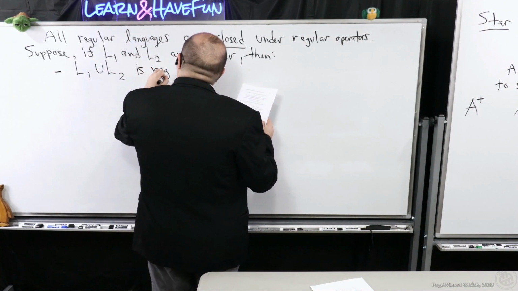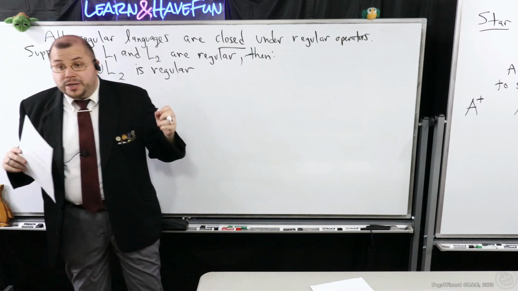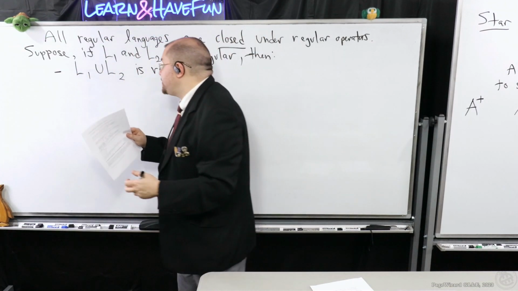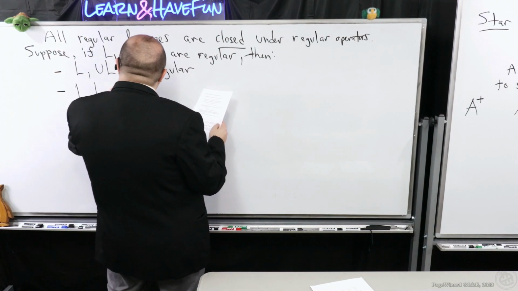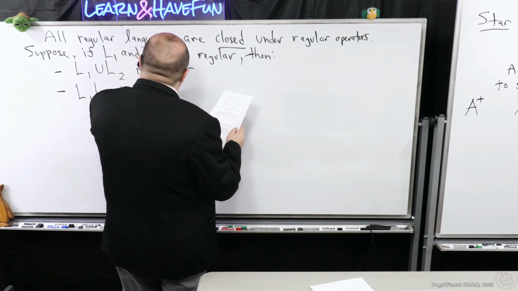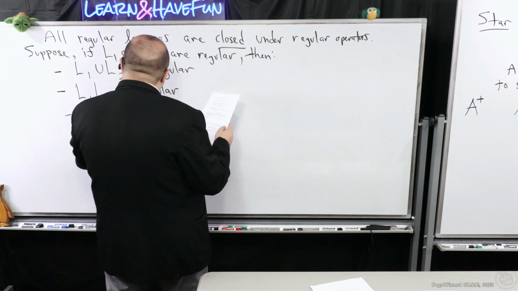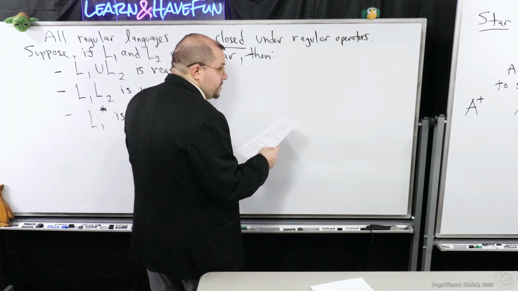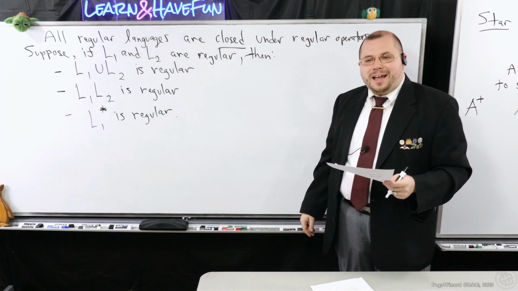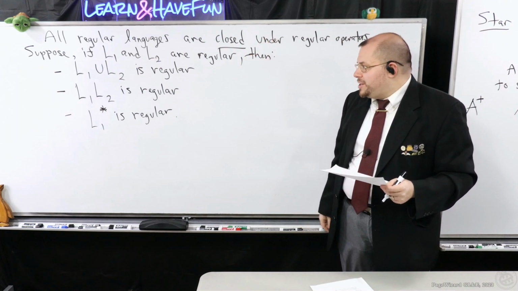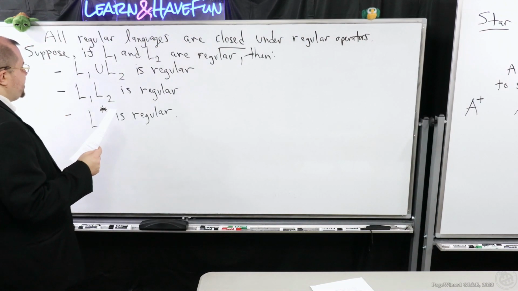So if I take the language L1, take the language L2, and I perform a union operation, it's still regular. Likewise, if I concatenate L1 and L2, this is also regular. Likewise, L1 star is also regular. So this is something nice that the regular languages have. They are all closed under these three operations. This is just a property that regular languages have.